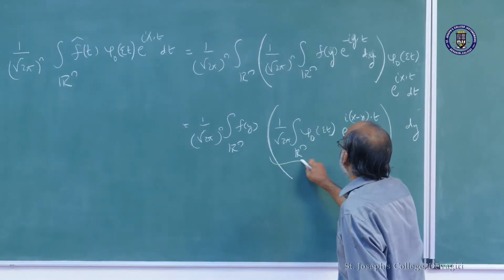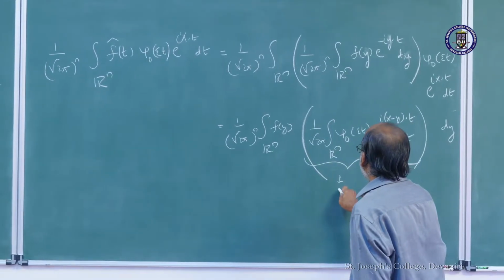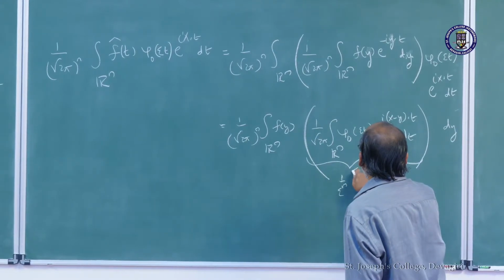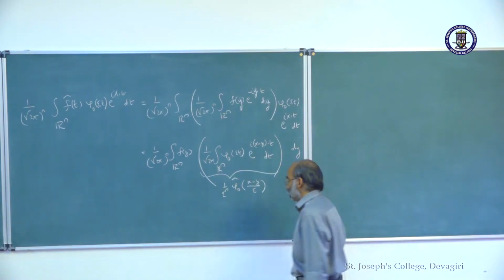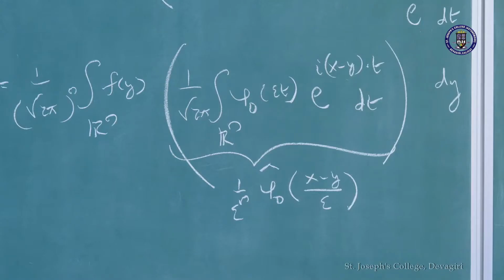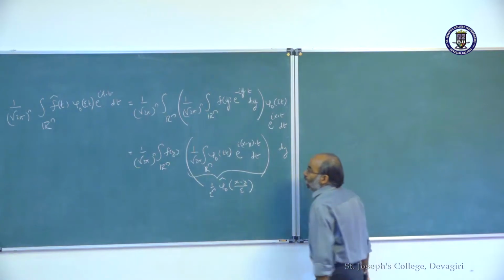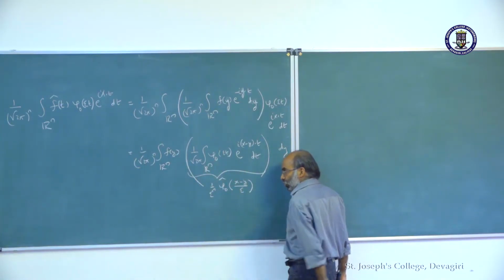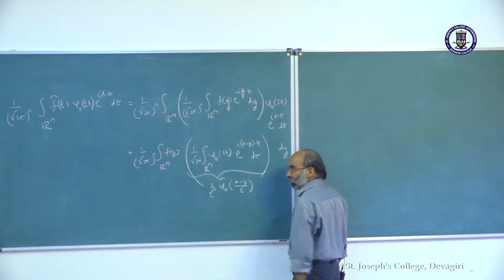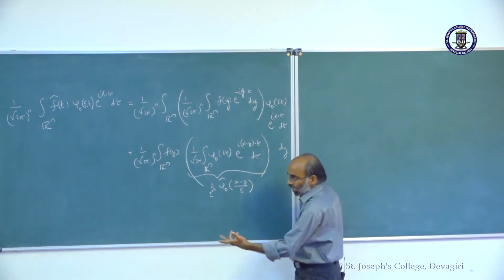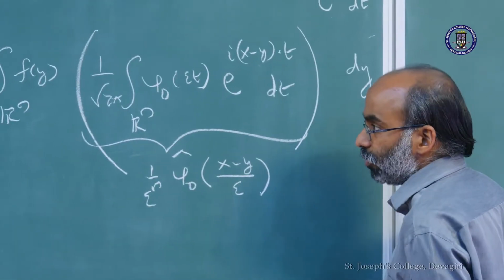So, this becomes 1 by epsilon to the n phi 0 hat at (x minus y) by epsilon, right, because of that epsilon. But now this looks familiar to you, right? Phi 0 hat is phi 0 itself, which is the Gaussian. So I'll just forget the hat.